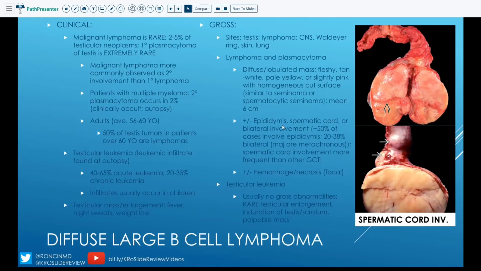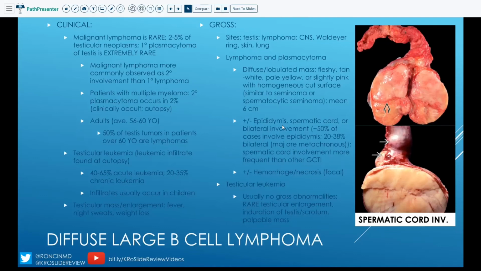And half of your cases will actually involve the epididymis, so you really want to make sure that you're sampling that well. And about a quarter to a third of your cases will be bilateral. Okay, and spermatic cord involvement is really common with this when you compare it to the other germ cell tumors.